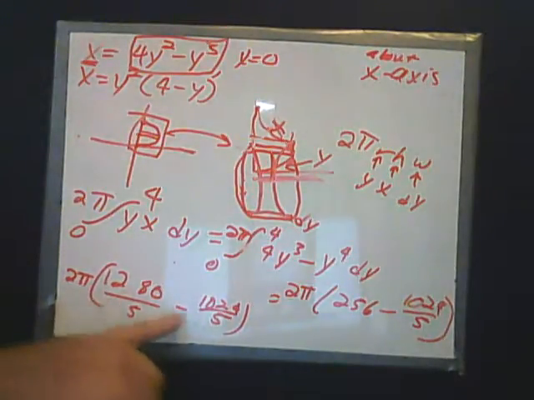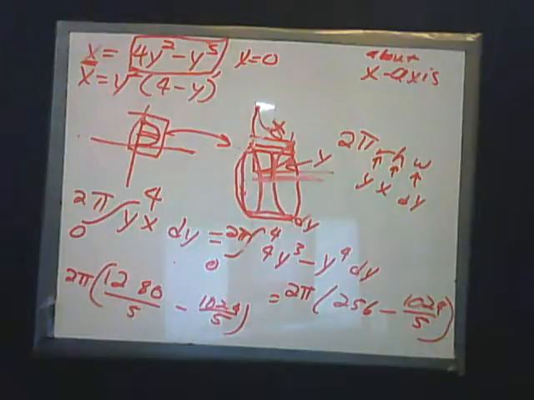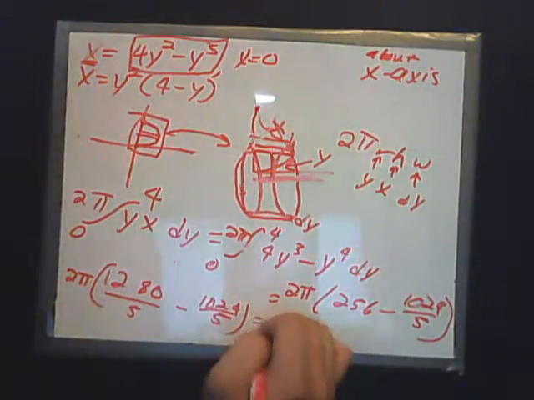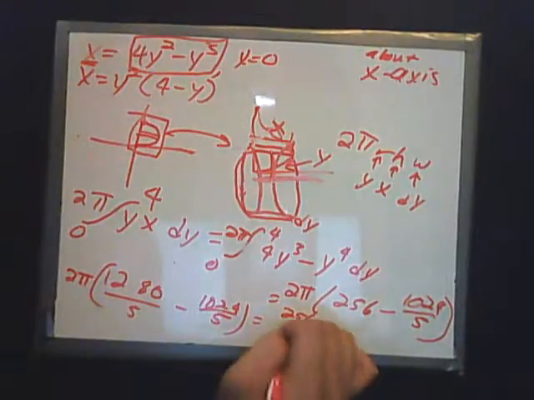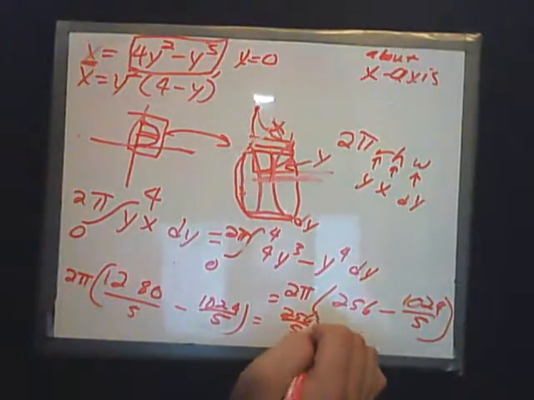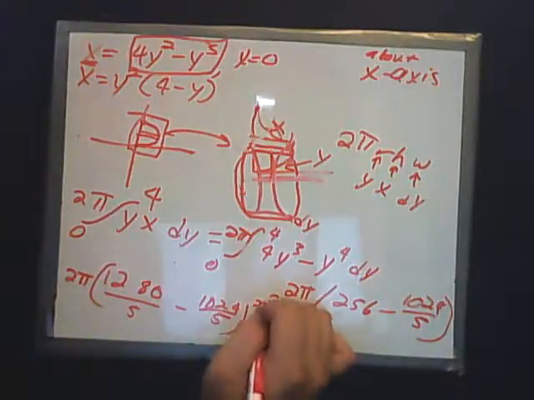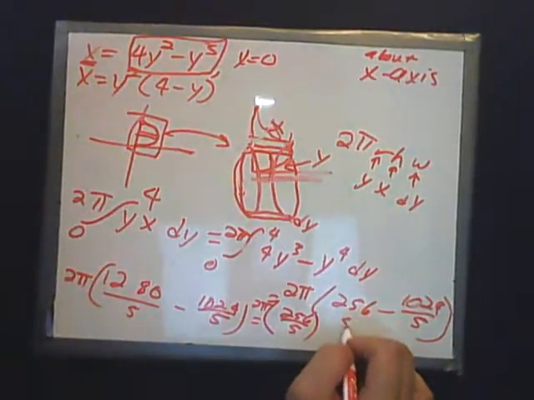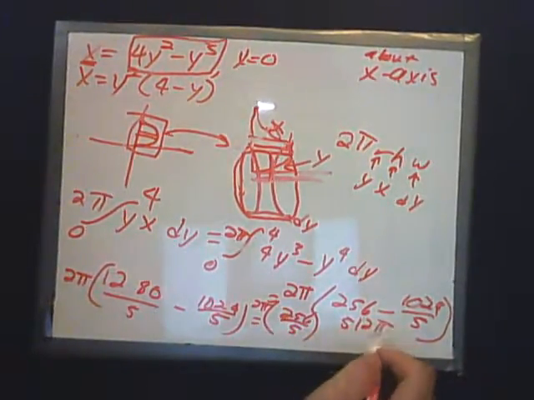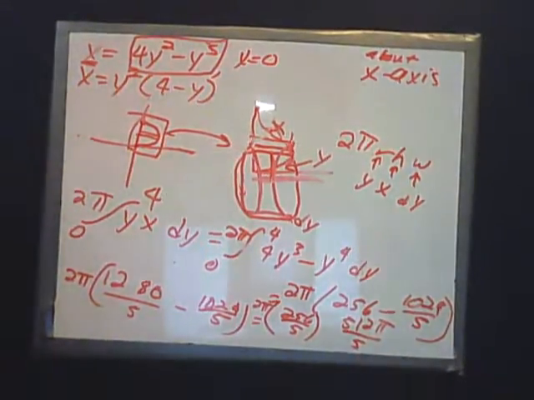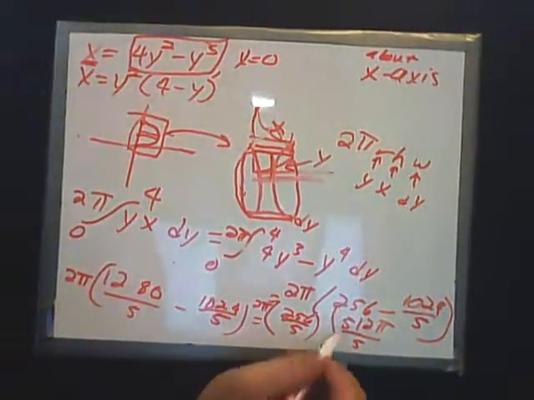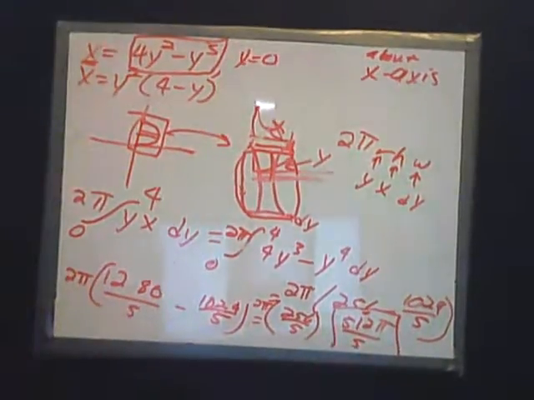So now if we have 1280 minus 1024, that gives us 256. Imagine that. And this is going to equal 256 over 5 times 2 pi. Or if we want to distribute it through, we get 512 pi over 5. That will be our final answer for this first cylindrical shells problem.